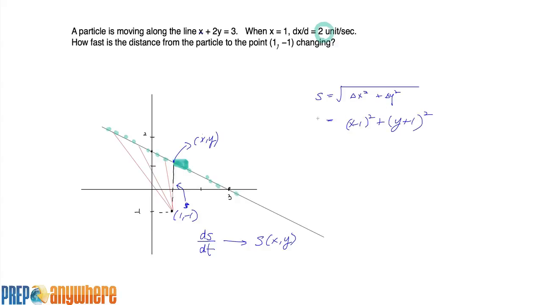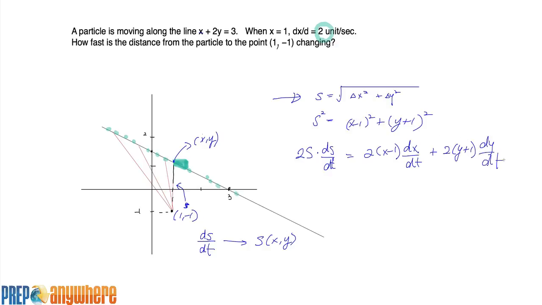Now I'm going to square both sides so that I get s squared, because we can implicitly differentiate both sides and still get ds over dt. If I differentiate with the square root, the right side will get unnecessarily complicated. So let's differentiate this instead, and we get 2s times ds over dt equals 2 times x minus 1 times dx over dt, plus 2 times y plus 1 times dy over dt.